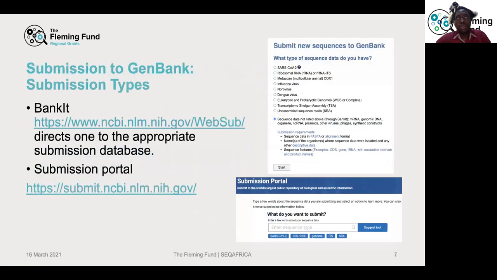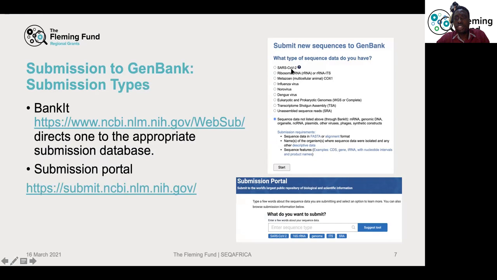There are two basic submission types, and submission has been made easy by the NCBI. On the NCBI platform, we normally use BankIt, which is the web platform shown when you click this BankIt link.